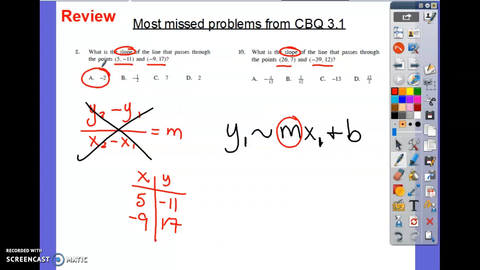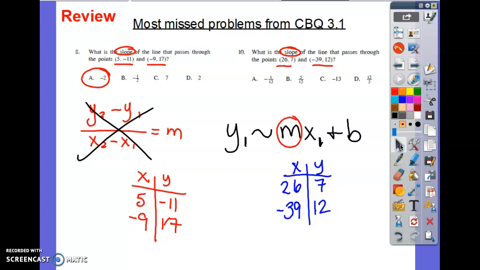Okay? This next one, add the table. You don't have to change anything in decimals. You can just change the numbers. This is 26 and 7, and -39 and 12.